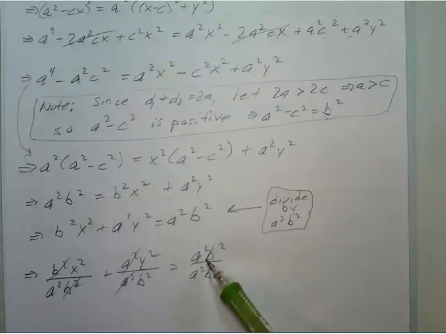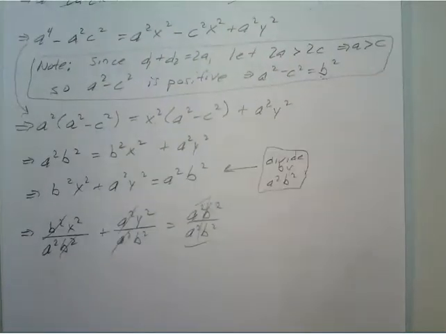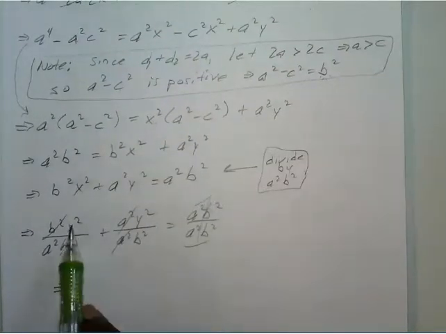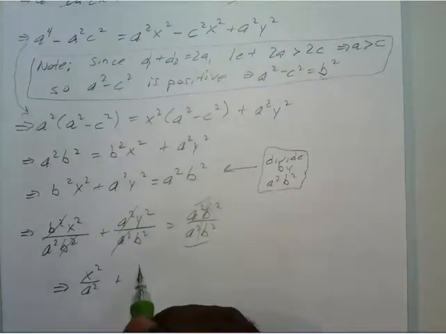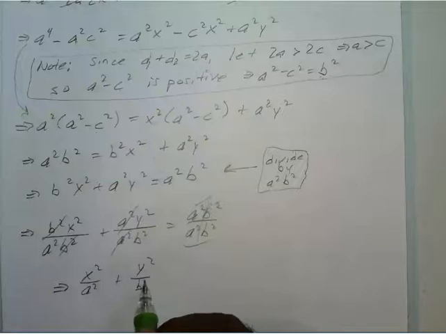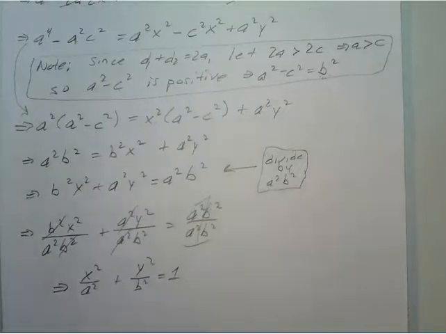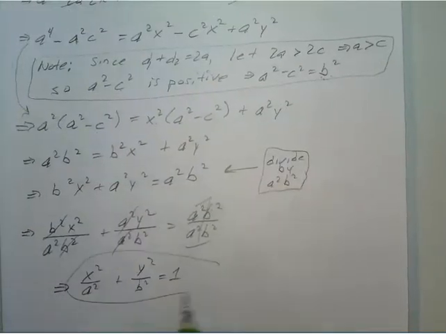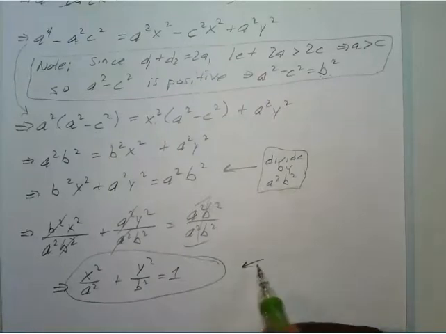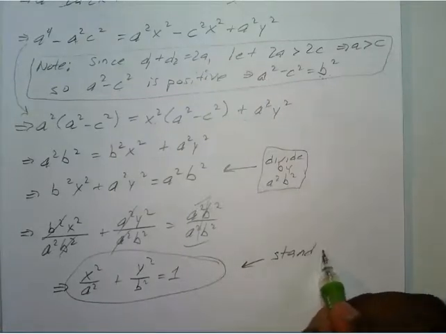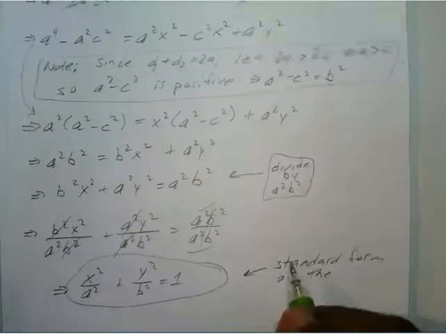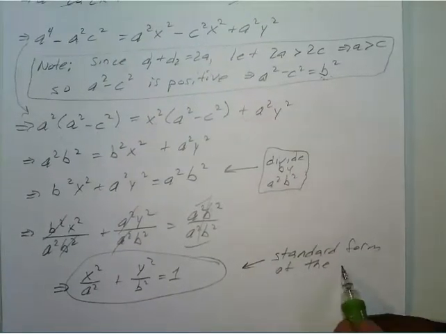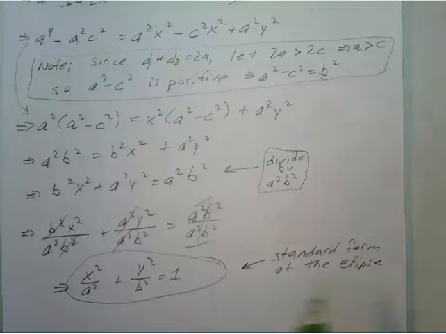And these are exactly the same, and anything divided by itself is just 1. So that will give us x squared over a squared plus y squared over b squared equals 1. And that is the standard form of the ellipse centered at the origin.